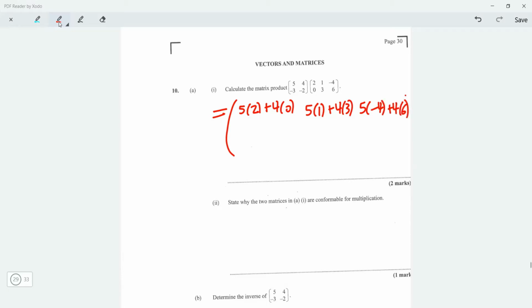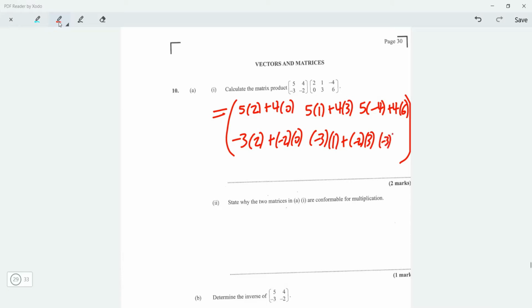And then this is going to be this row by this column, negative 3 times 2 plus negative 2 times 0. Then this element is going to be negative 3 times 1 plus negative 2 times 3. Then this element is going to be last row, last column.